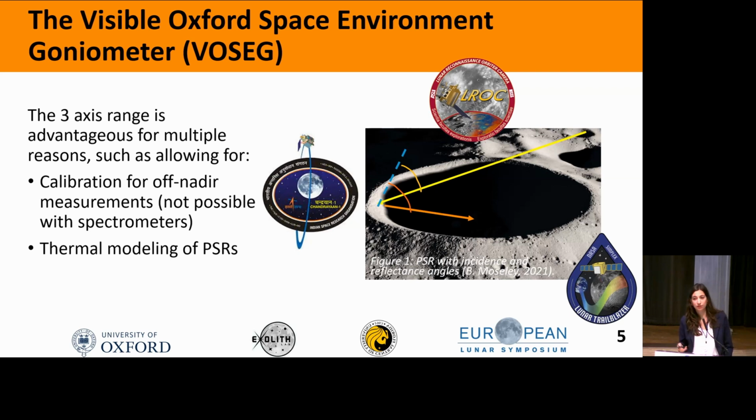So it's important for us to be able to know how the Moon scatters light into the PSRs, because this allows for thermal modeling and modeling of the heat flows, which is the subject of so many future missions. And current missions: LROC does it, Chandrayaan-2 does it, and Lunar Trailblazer will do that as well.